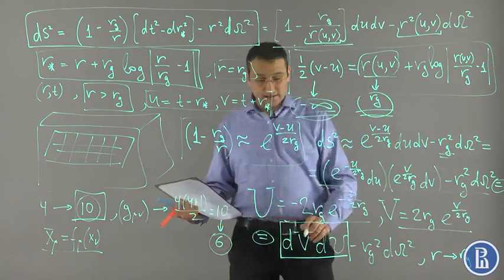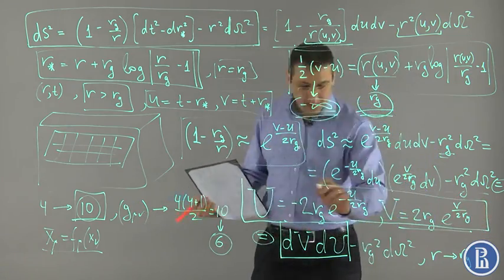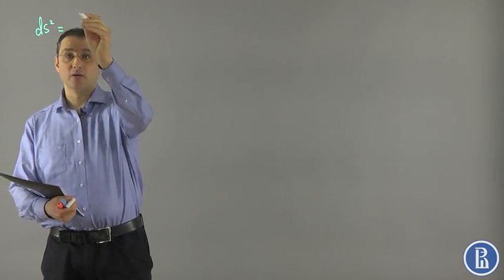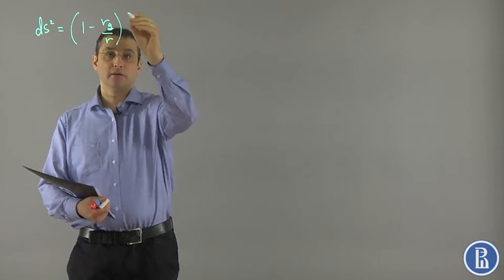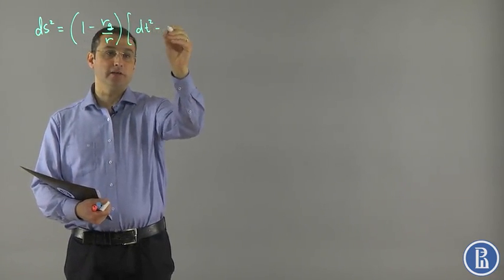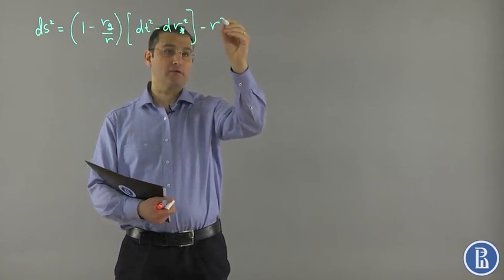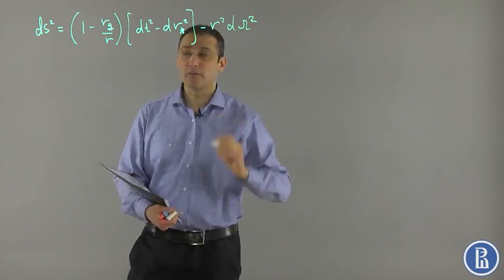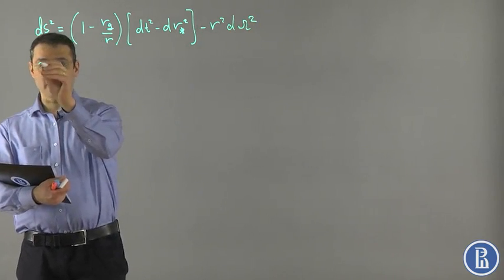So let us make this transformation from the very beginning. In this metric, ds squared equals 1 minus rg divided by r dt squared minus dr star squared minus r squared d omega squared, from the very beginning we make the following coordinate change.